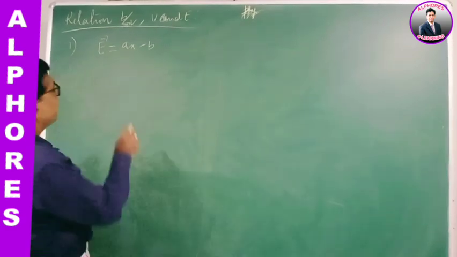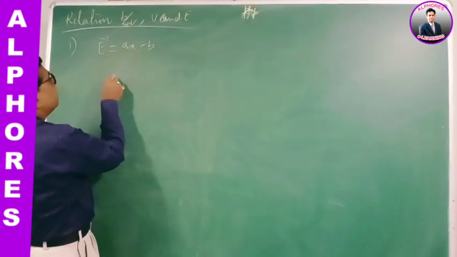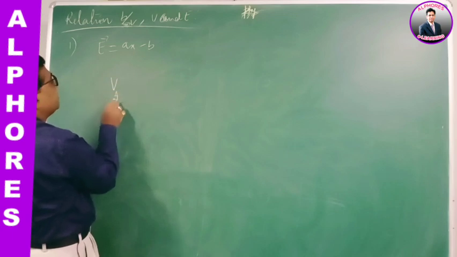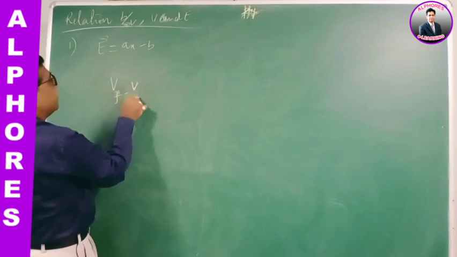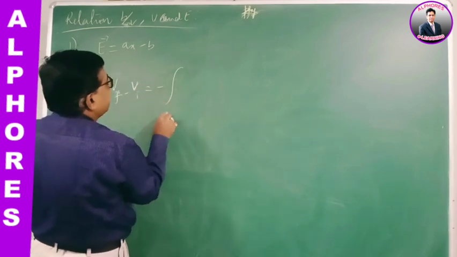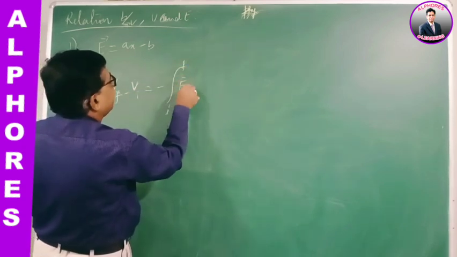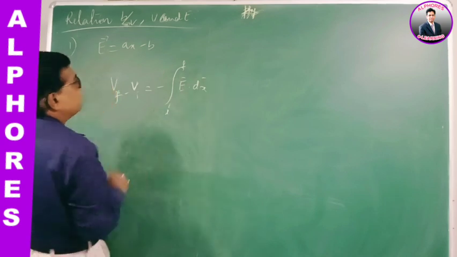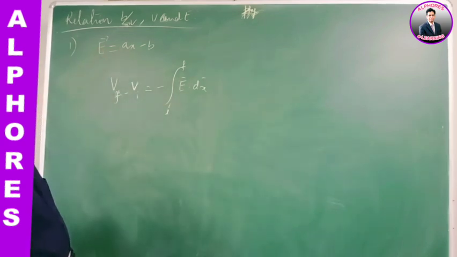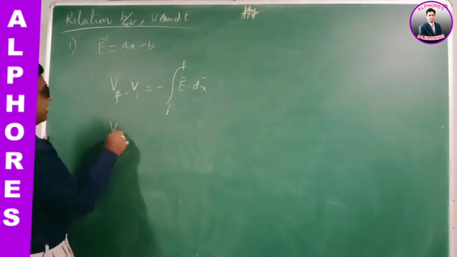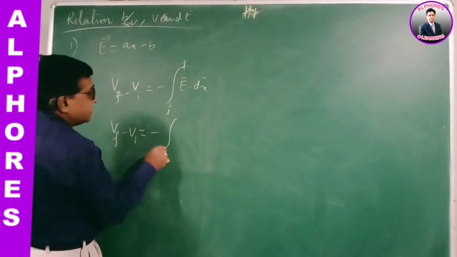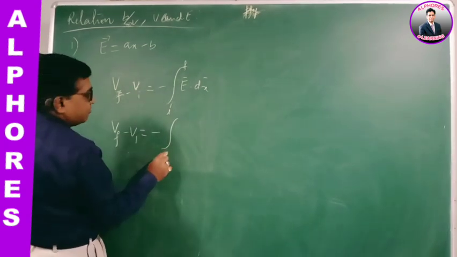Then the electric field is Ax minus B. We know the potential difference between 2 points, V final minus V initial, is the integral from initial to final of E dot dx, with respect to x. So V final minus V initial is minus the integral from infinity.